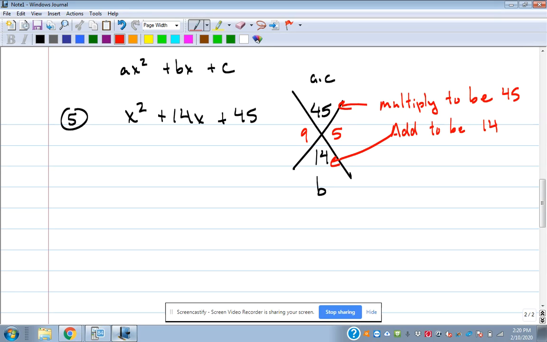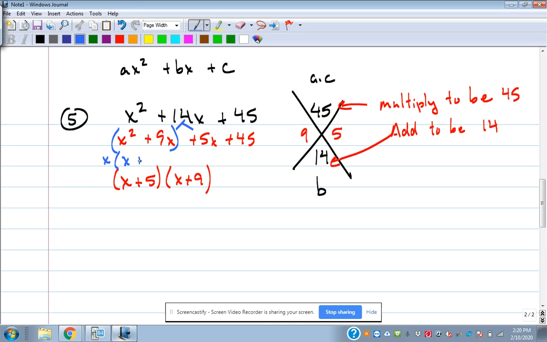Well, not equals, because we're not solving. We're just factoring. So it would be x plus 5 and x plus 9, because they're both positive. Now, if that number is not a 1 in front of that, you've got to go through the grouping step, in which you replace the 14 with the 5 and the 9, and then you group the first 2 together.